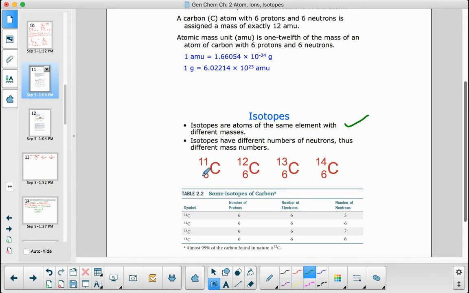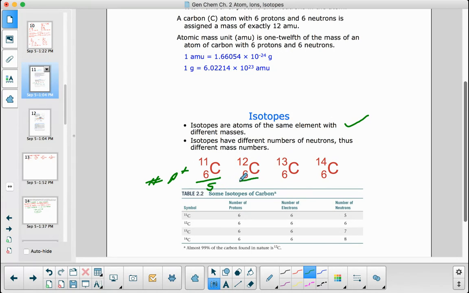So what we see here are 4 different isotopes of carbon. Each one has the same atomic number, because what does the atomic number identify? From our previous segment, we know that the atomic number identifies the number of protons. If we subtract 6 from 11, what are we going to get? We're going to get 5, so that means I'd have 5 neutrons for that one.